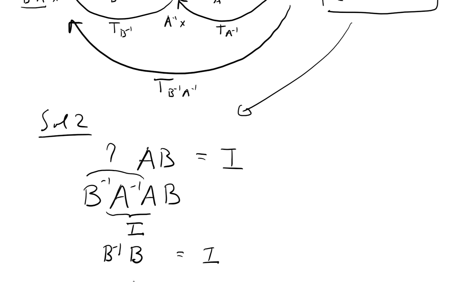So the matrix I was looking for is B inverse, A inverse. And then it's true that it gives you back I.